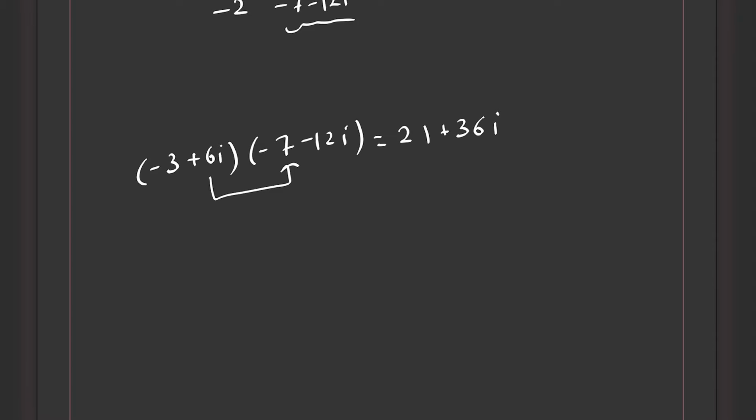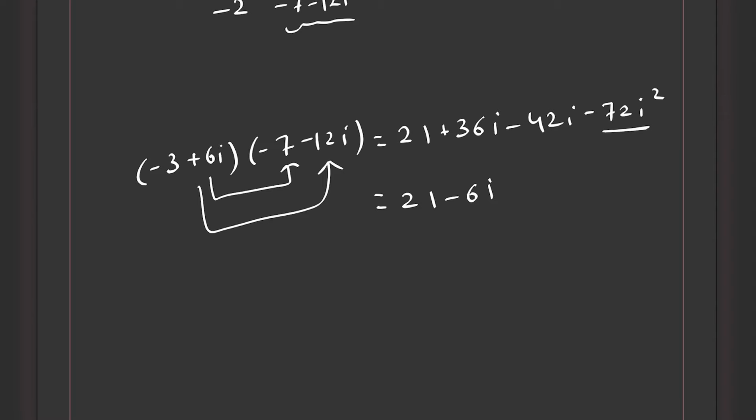And let's do the same thing with 6i. 6i times negative 7 is negative 42i. 6i times negative 12i is negative 72i squared, right? So 36i minus 42i is minus 6i, right? And minus 72i squared. i squared value is negative 1. So minus 72 times minus 1 becomes positive 72. So it is 21 plus 72, which is 93, minus 6i.